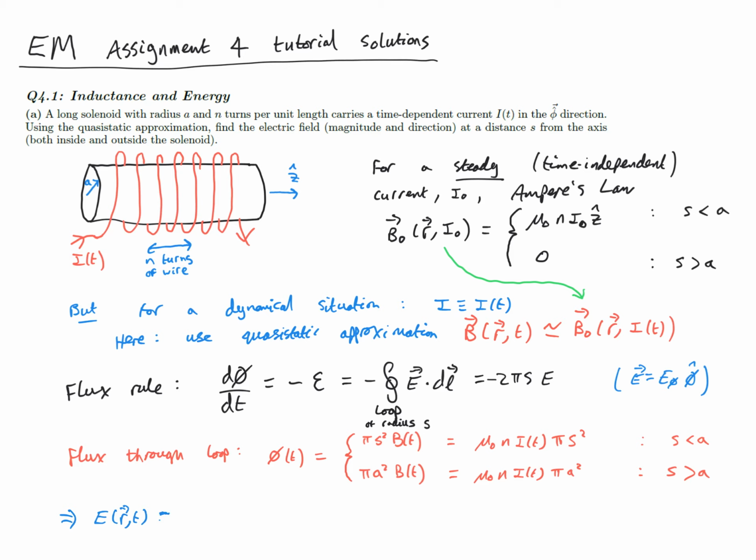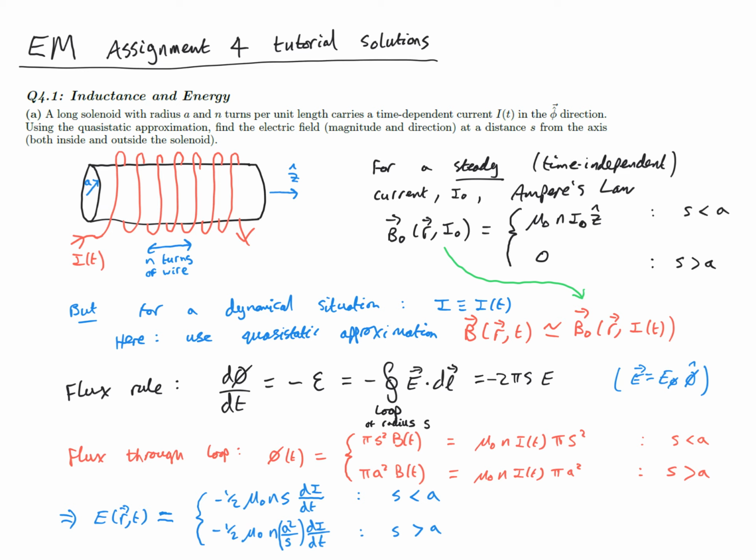Again, we have to divide it up into two cases, depending on whether the radius we're looking at away from the axis of the solenoid is less than or greater than the radius of the solenoid. And these are our final results for the strength of the electric field, and we see that it is given in terms of the rate of change of the current dI by dt in both cases.